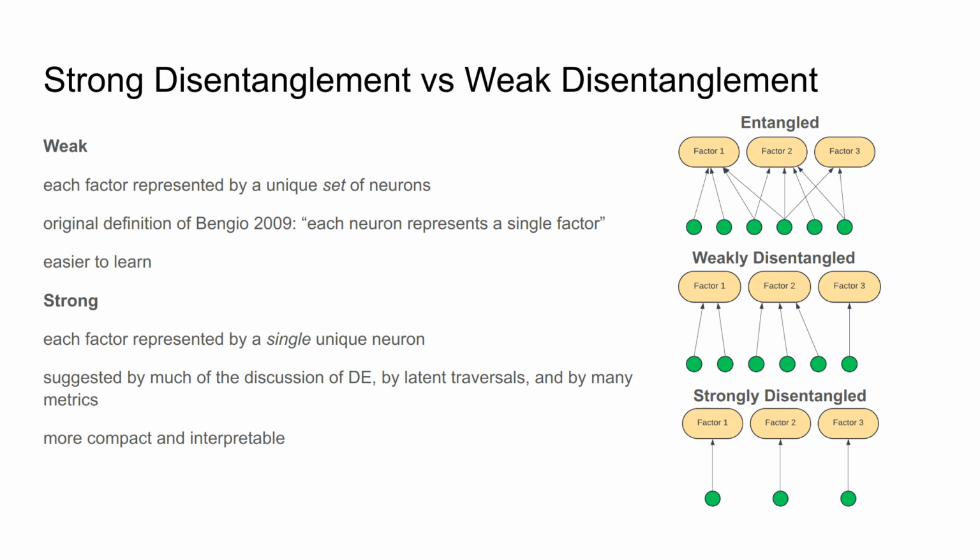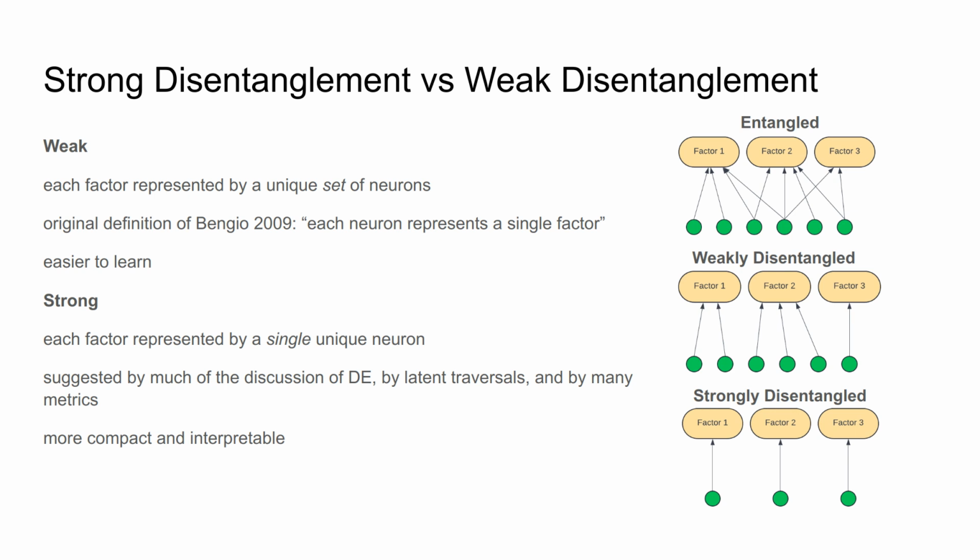A strongly disentangled representation is more compact, and it's interpretable because you look at the value of a neuron and see what this value indicates about the input or the output, which you can't do so much with a weakly disentangled representation, because you look at the value of one neuron and you don't know what part of the factor it actually represents.